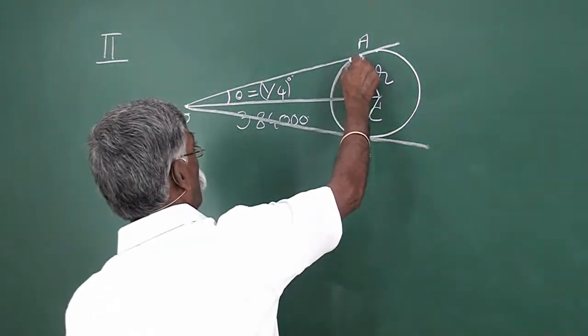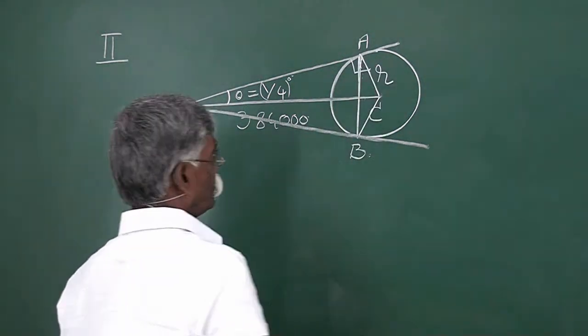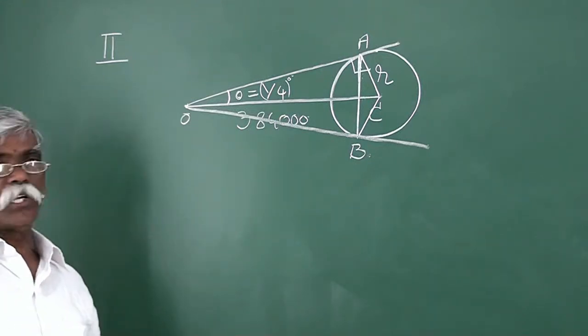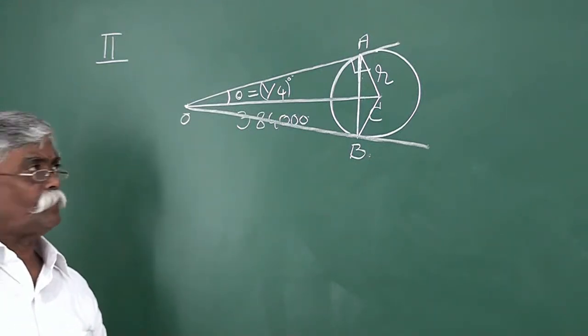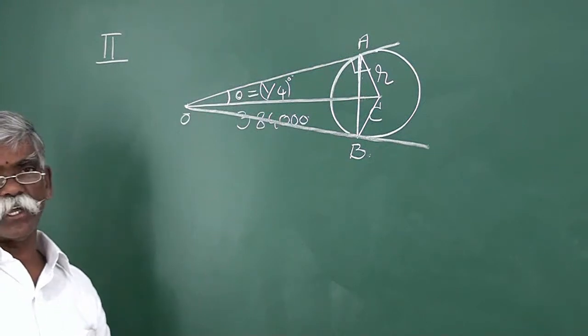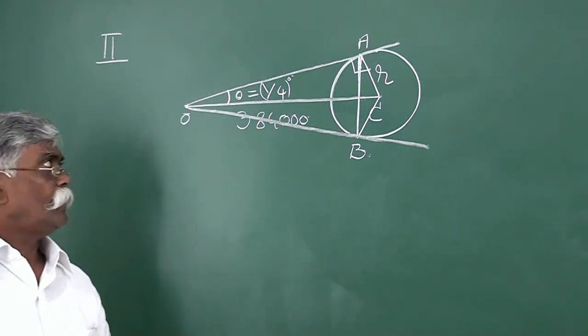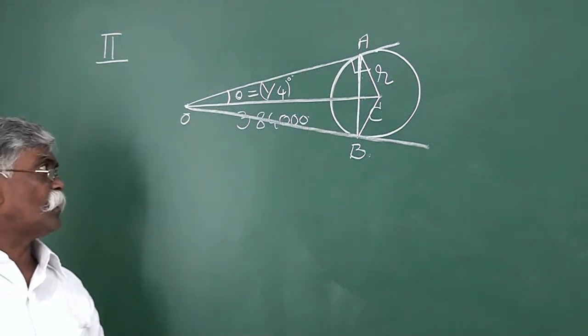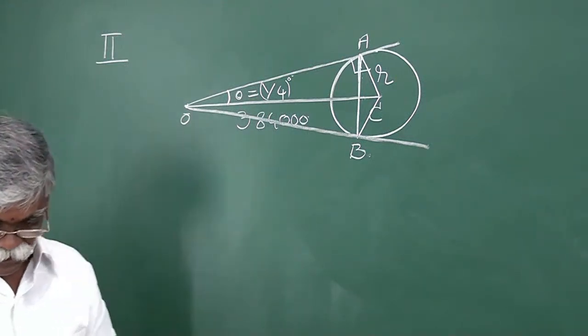Now this angle OAC is 90 degrees because OA is the tangent, CA is the radius, the tangent is perpendicular to the radius, therefore OAC is 90 degrees.